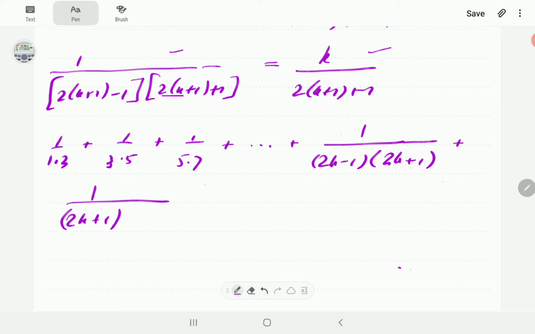This one here is going to be 2k plus 2 plus 1, so it's going to be 2k plus 3.